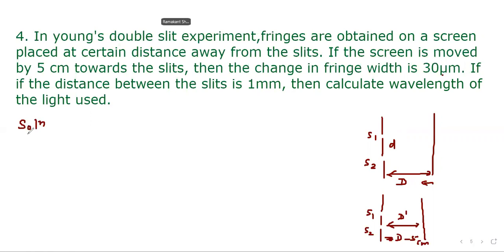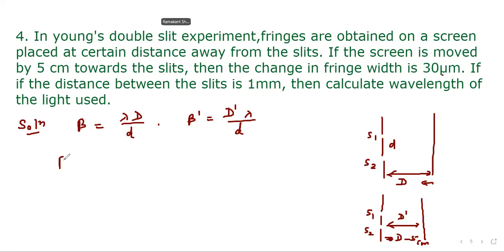Now beta is given by lambda capital D upon small d. And here the rest of the things remain the same. So beta dash equals D dash times lambda upon d. Only the distance is changed, the wavelength remains the same, and beta dash is given.